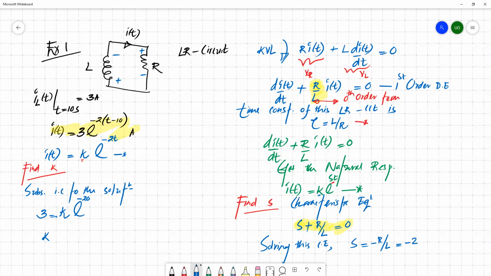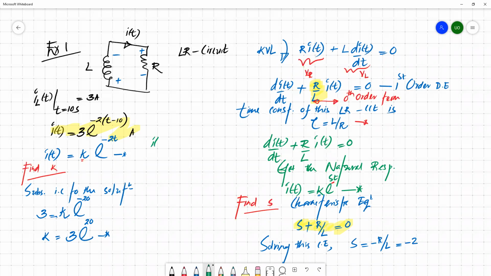Then k would be 3 e to the power 20. So that negative exponent comes as a positive exponent. So k, your unknown coefficient or constant, equals 3 times e to the power 20. So then we'll plug it in here.